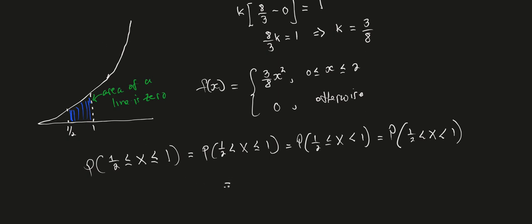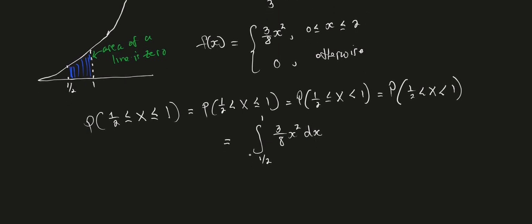And what is that calculation? Well, take your PDF and integrate it from x equals 1/2 to x equals 1. So our probability is going to be this integral from 1/2 to 1 of our PDF, 3/8 x squared dx. And again, we need our power rule. The power rule for this gives me 1/8 x cubed.